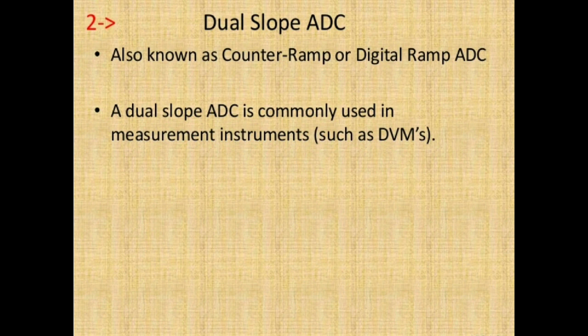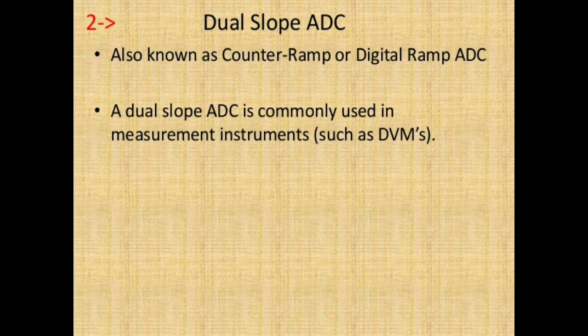Now, if you're talking about the applications of this A to D converter, it is most commonly used in almost all measuring instruments. For example, we have digital voltmeters and digital multimeters. In those digital voltmeters and digital multimeters, we'll find this type of analog to digital converter. Why?